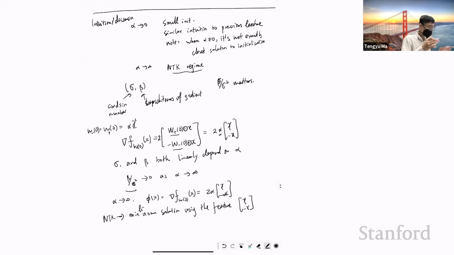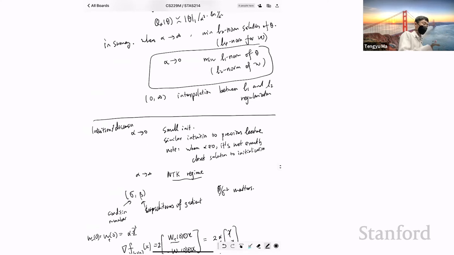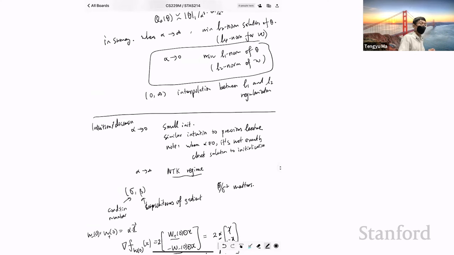In terms of a feature, that is not very different from x itself. So you essentially get the minimum L2 norm solution for the linear model, the same conclusion as we discussed above.